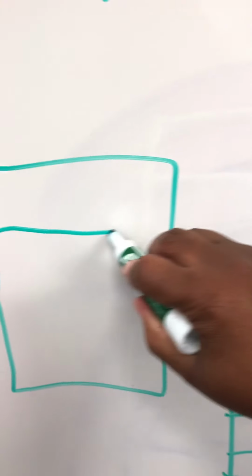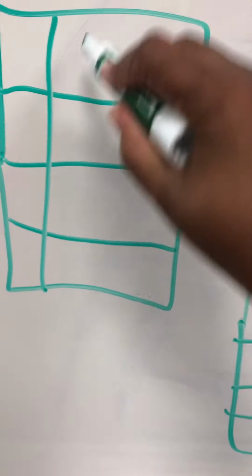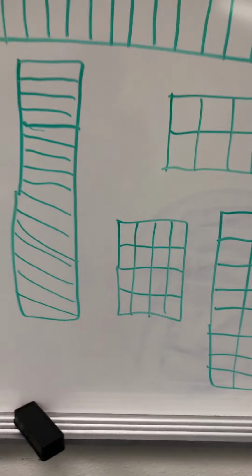And I'm going to quickly draw my array. I'm going to create 4 rows. 1, 2, 3, 4. And I am going to draw my 4 columns. Voila. Look at the work.